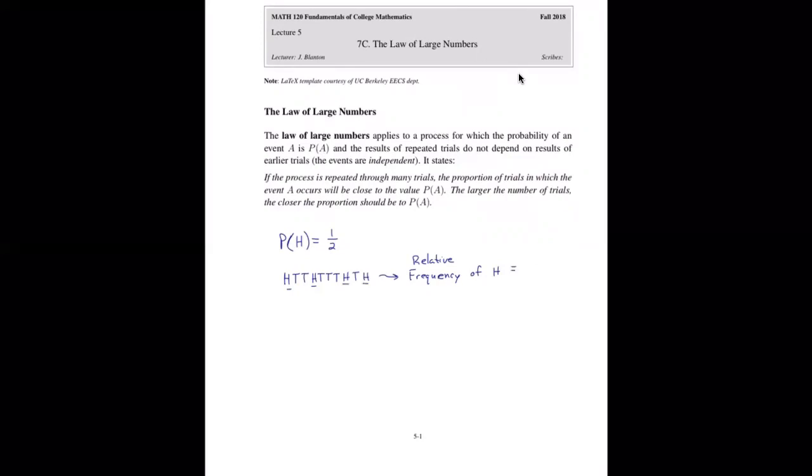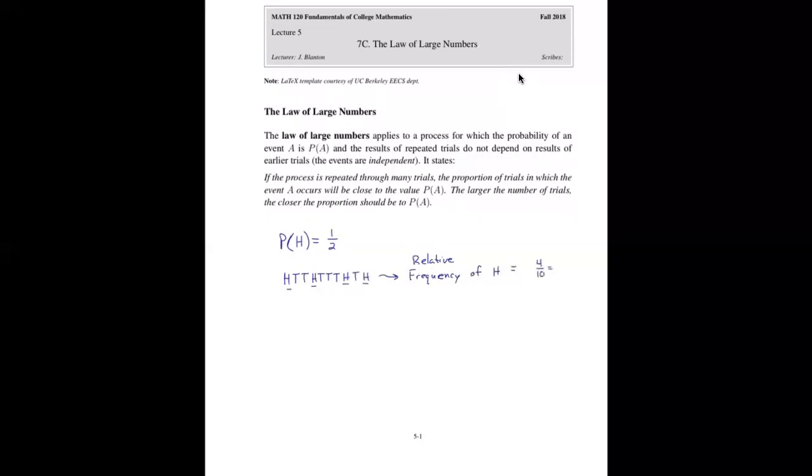So that's 4 out of 10, which is 0.4. Okay, and that's a little bit different than what we normally calculate for our theoretical probability of 1/2, which is 0.5 as a decimal. So there's a little bit of a disconnect here. 0.5 is our theoretical probability, and 0.4 is our relative frequency for this number of heads in this single round of the experiment, tossing the coin 10 times.